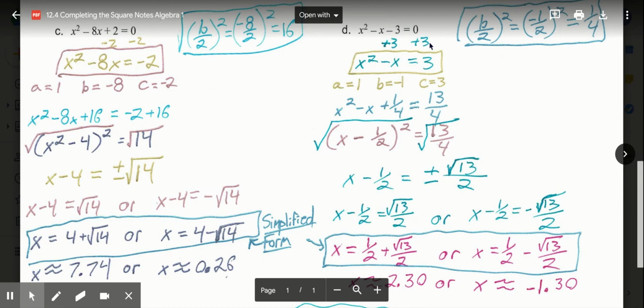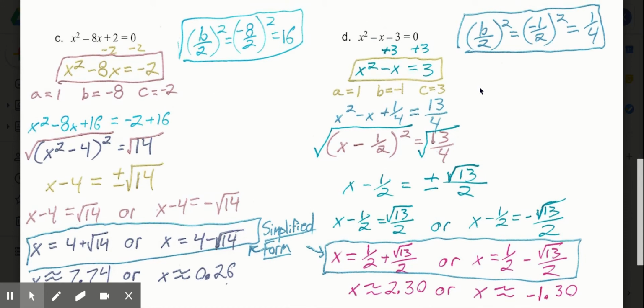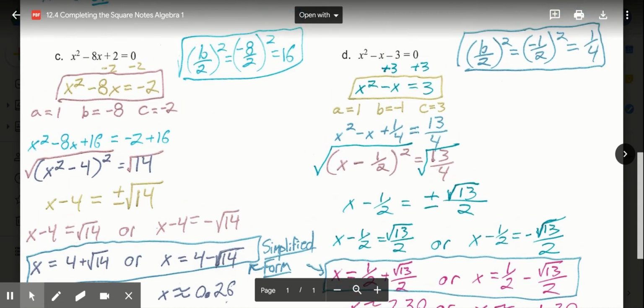So in D, we have x squared minus x equals 3. In figuring out half of B squared, well, we have a negative 1 over 2 squared, which would be a negative half times a negative half, which equals 1/4.